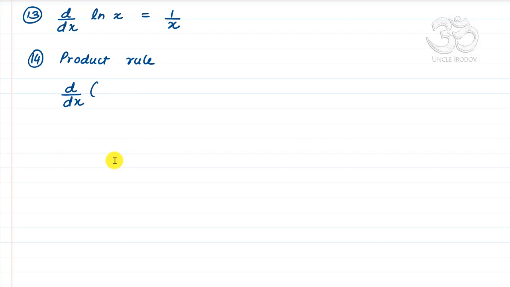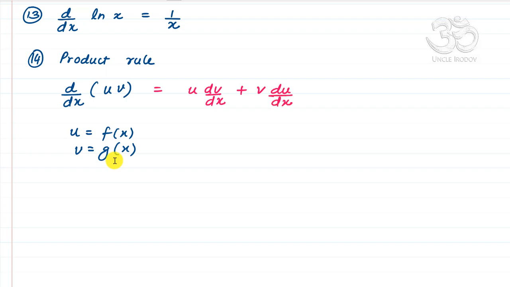Or maybe, okay, it's called the uv rule, where I will make a note that u is like f of x and v is like some g of x. So you tell me, what is this? Correct. So we keep it in mind in terms of u and v. So this is u dv by dx plus v du by dx. Much easier to keep in mind like this.